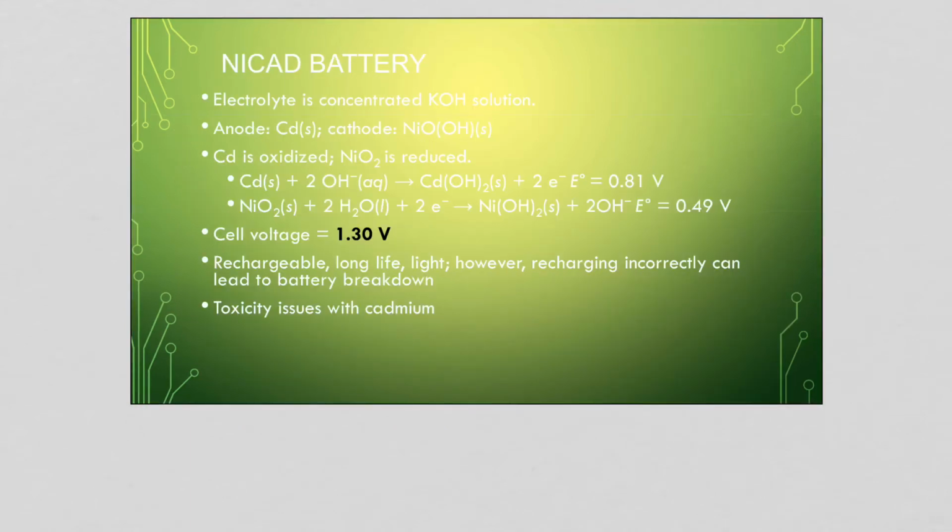Now, we're going to discuss a couple of types of rechargeable batteries that have been designed to replace alkaline batteries. The original version of this was something called a NICAD battery, or a nickel-cadmium battery. Again, these are alkaline cells. They have KOH as your electrolyte solution. The anode here is made up of cadmium metal being oxidized, and your cathode is a nickel compound.